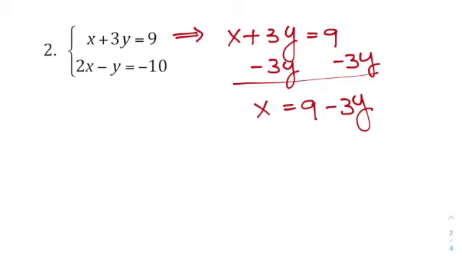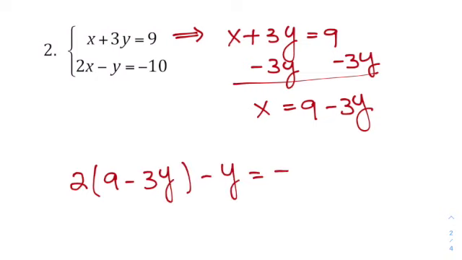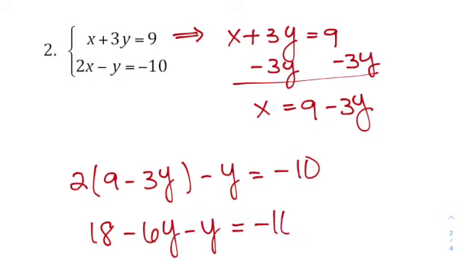You have to plug into the other one. So that's going to be 2 times x, which is 9 minus 3y, minus y equals negative 10. Now we are back to one variable again. That would be 18 minus 6y minus y equals negative 10.